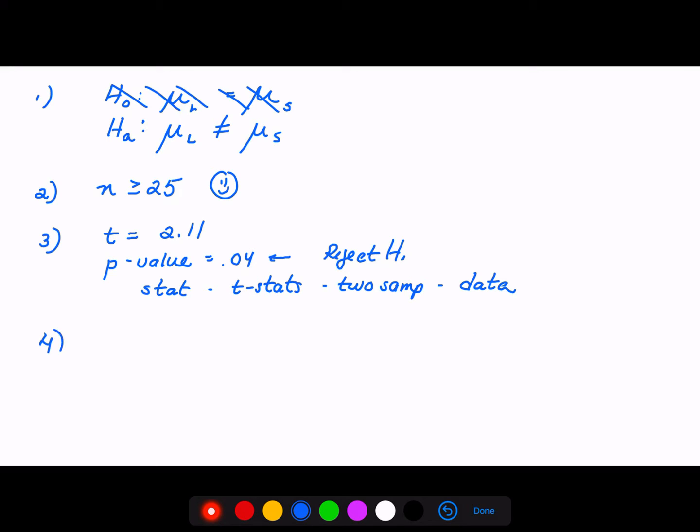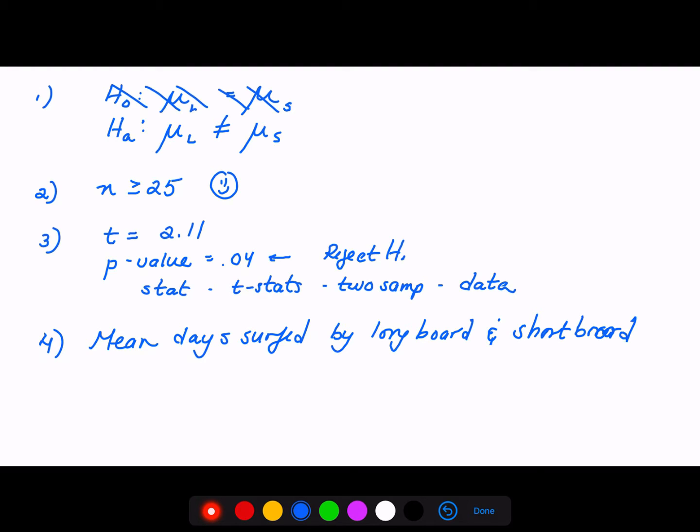Our conclusion is that the mean days surfed by longboard and shortboard owners is different. We're also going to be doing a confidence interval as well. So let me navigate to StatCrunch and show you how we got these results for the hypothesis test, and then also do the confidence interval.